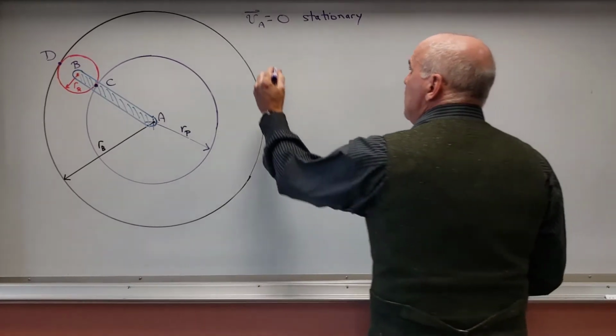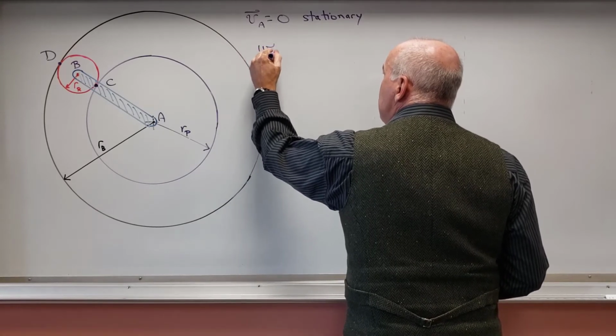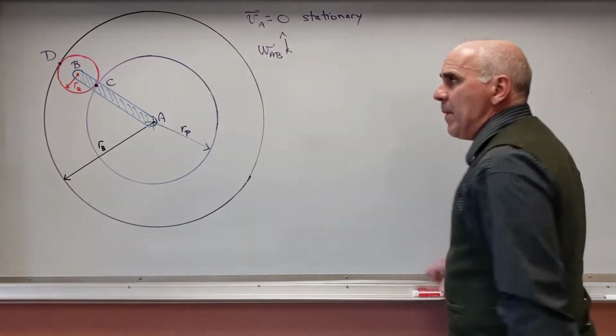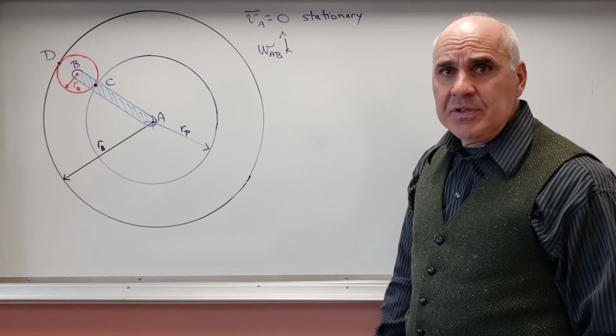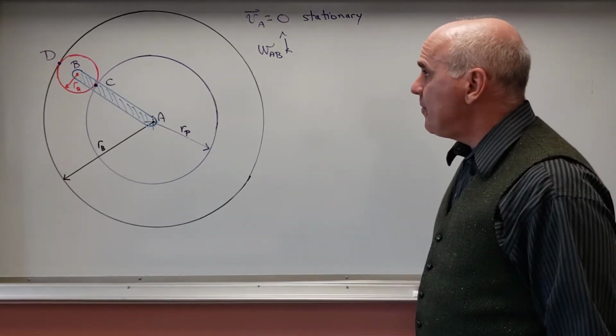Okay, now AB is rotating, and so there's this omega AB, and it's going to be in the k-hat direction. So it's going to be rotating in the counterclockwise direction. It's moving with some constant angular velocity. We'll keep it constant just to make our life simple.